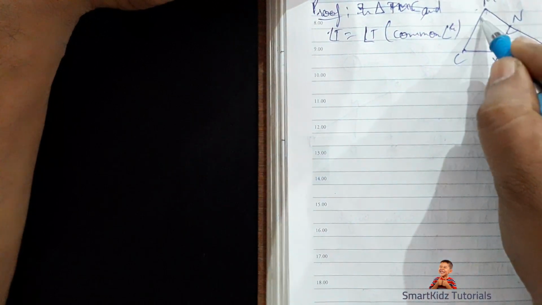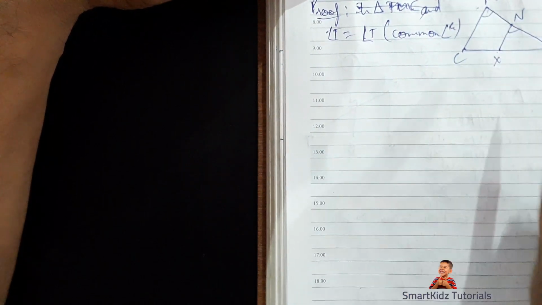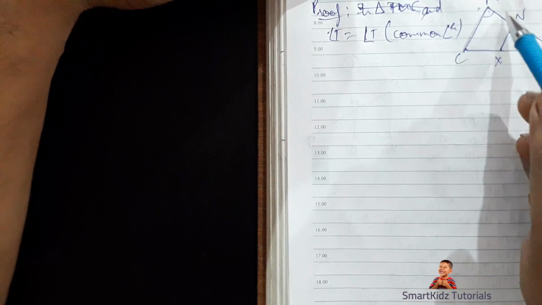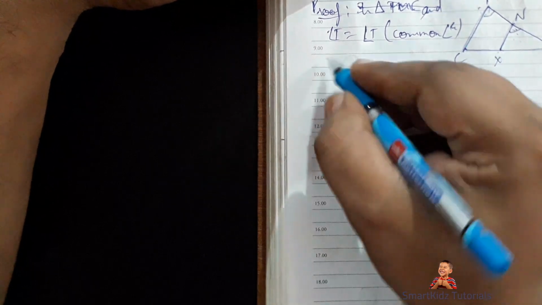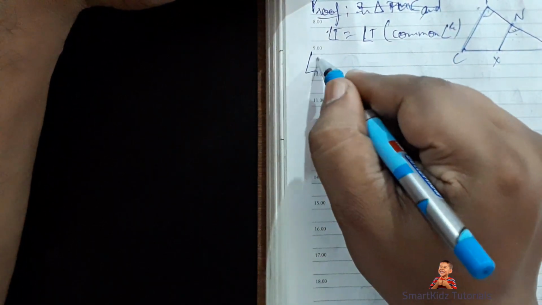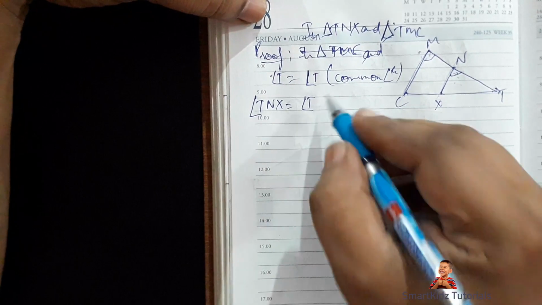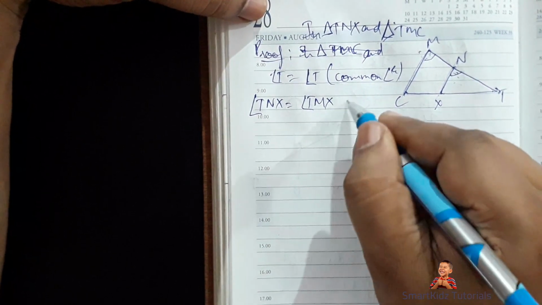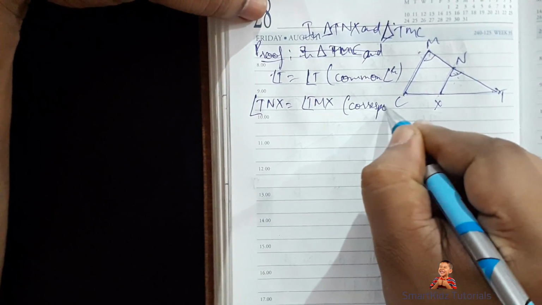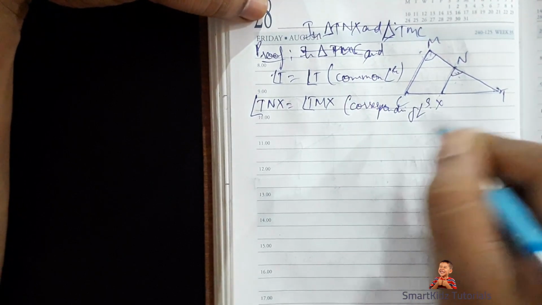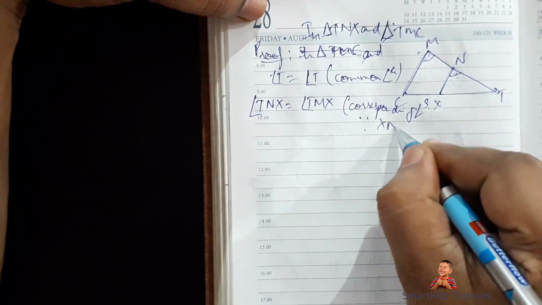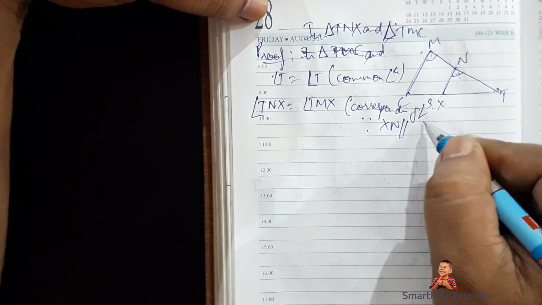Angle T is common to both of them. Next, you can see this angle is equal to this angle. Why? Because they are corresponding angles, because these two lines are parallel to each other. So the corresponding angles here are equal. So we can say angle TNX is equal to angle TMX, and the reason we give is corresponding angles since XN is parallel to AC.